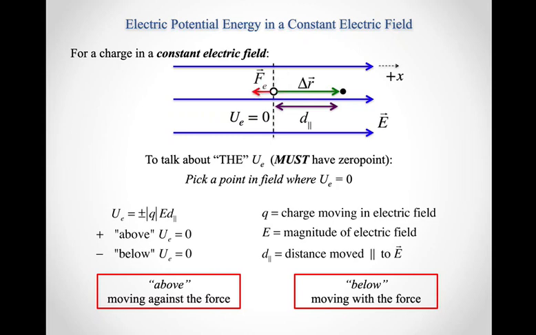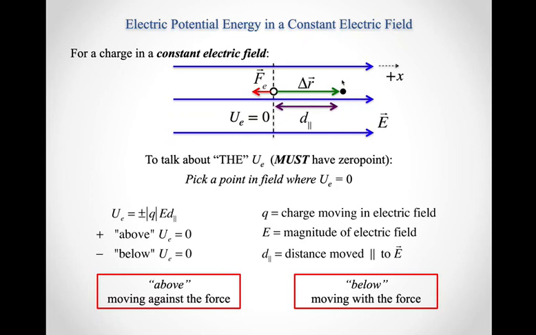If my particle has a negative charge, that flips around. So now the electric force points to the left, which means moving to points to the left, I need to move with the electric force. These now need a negative sign for the electric potential energy for this negatively charged particle relative to the 0 point.